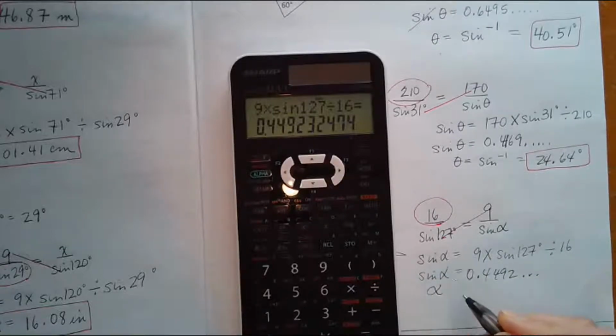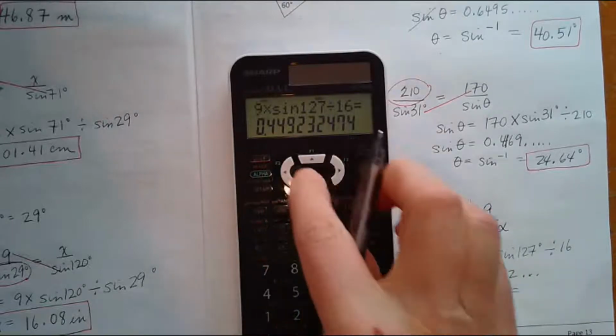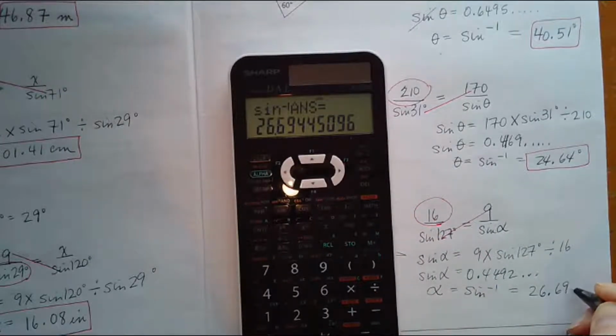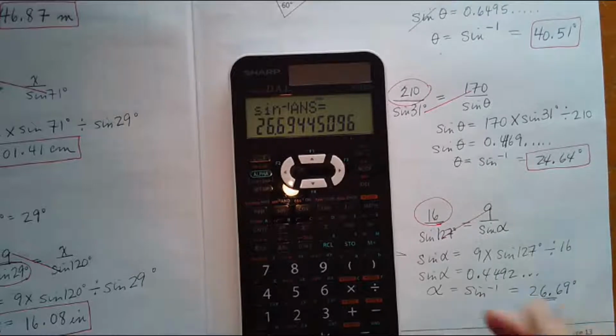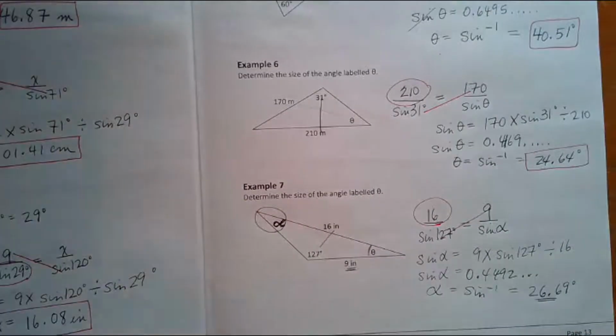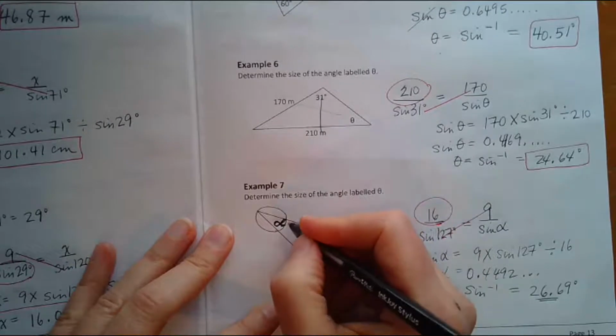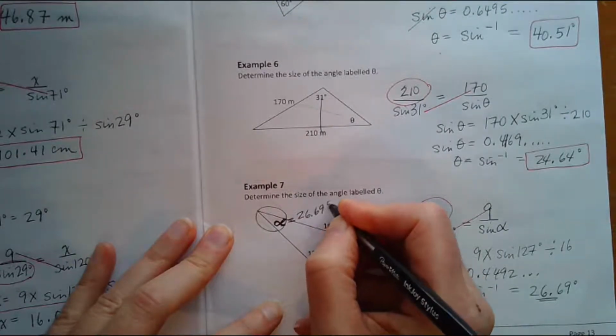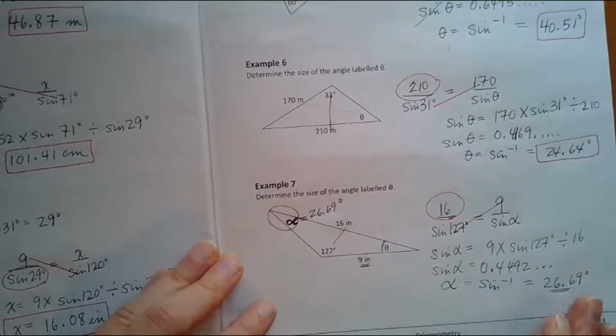I just want to solve for alpha, so I'm going to shift sine. And sure enough, here's my degree answer. This is a preliminary answer, right? So alpha equals 26.69 degrees.